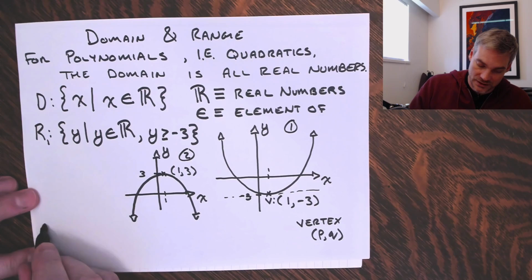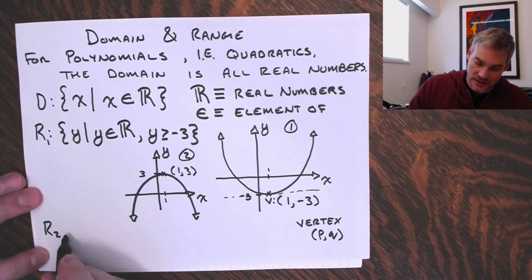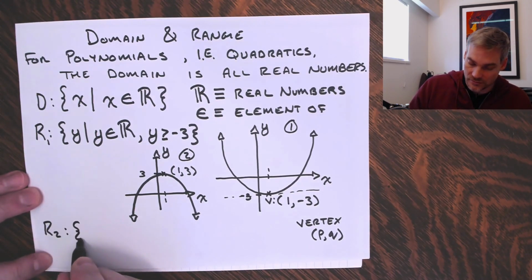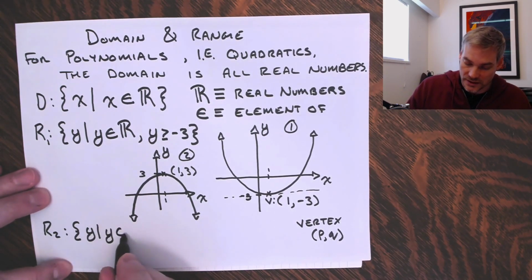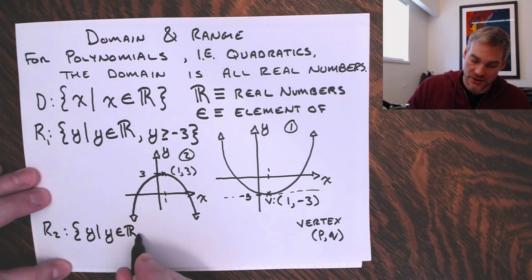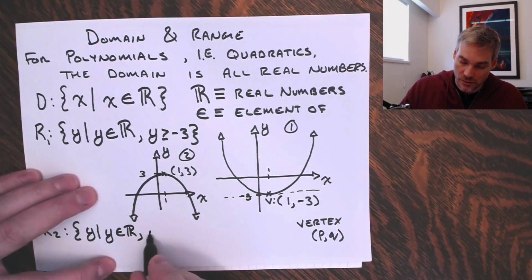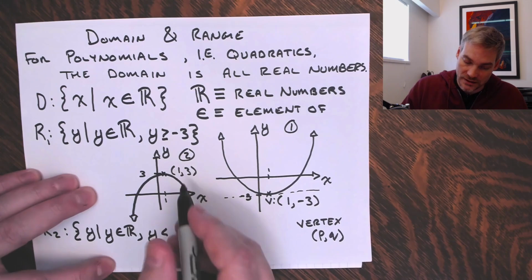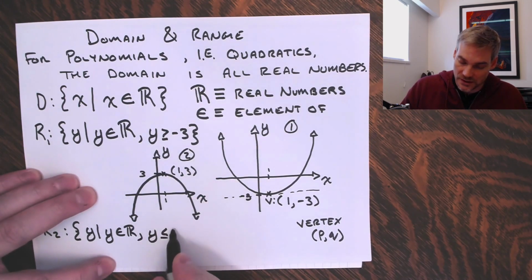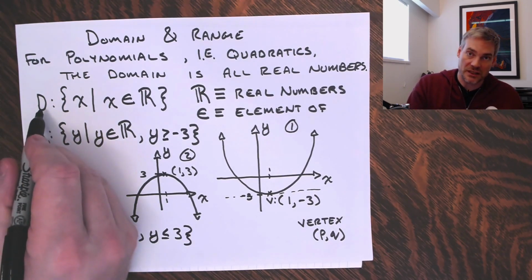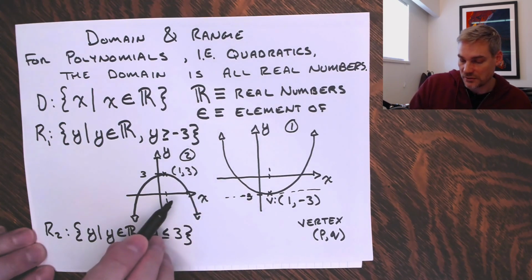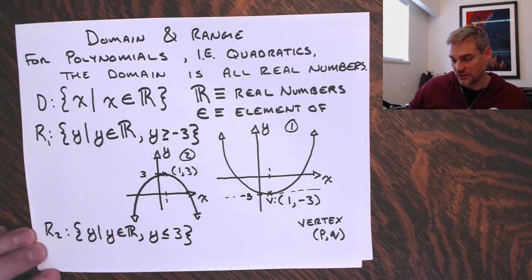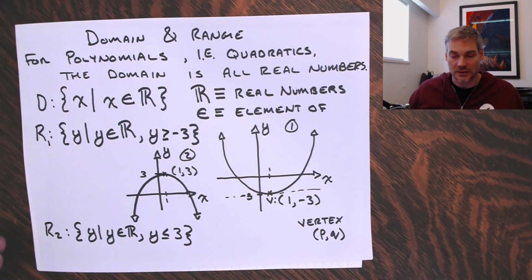So the range for the second one is going to be y such that y is an element of a real number and y has to be less than, but it can also equal 3. And if we want to discuss the domain of this, it's the same because x can be any number. As far as we keep going, but y just shoots down further and further away. And that's how we write the domain and range.